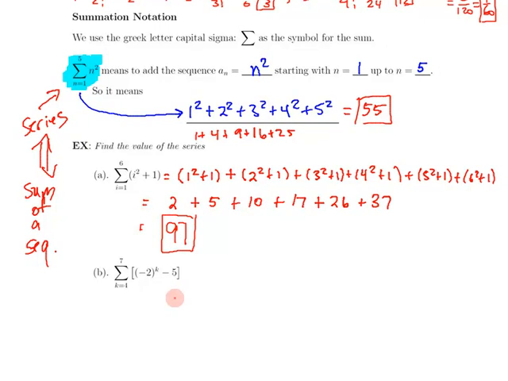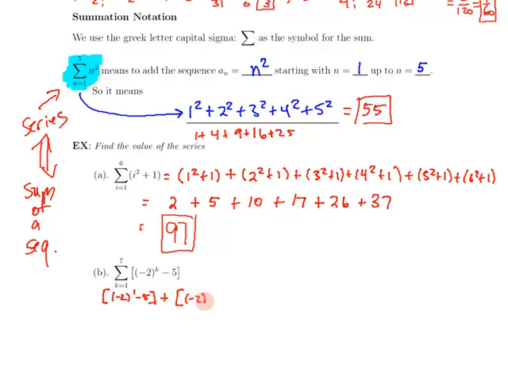Alright, let's do this one. Let's try from k equals 1 to 7. Alright, so I'm going to start with k equals 1. That gives me negative 2 to the first minus 5. Plus, all I do is put a plus sign in between each one of these k's that I'm plugging in.